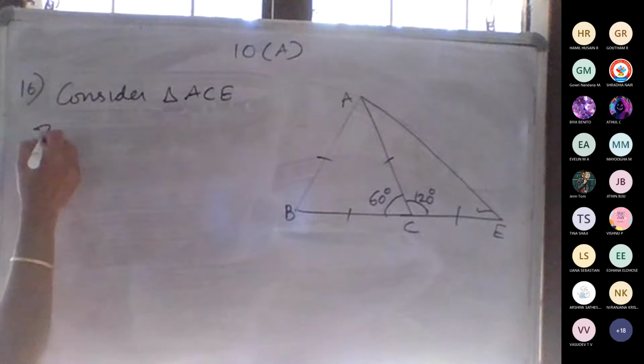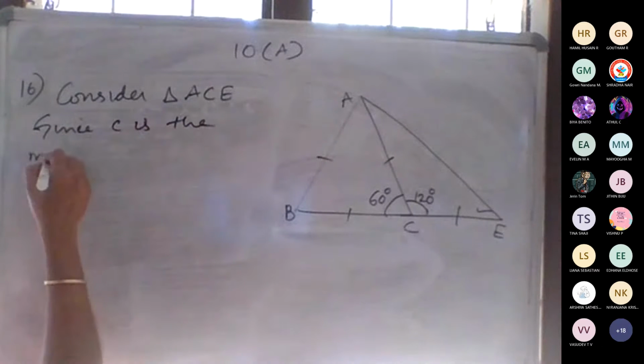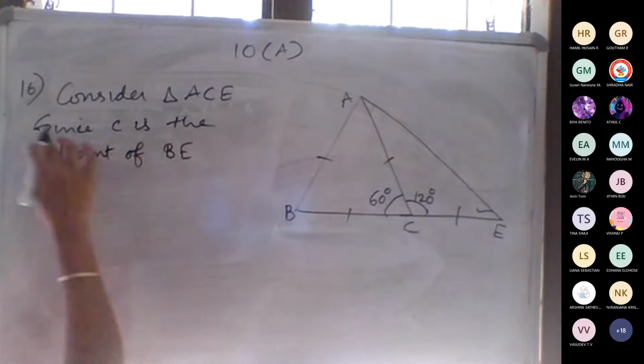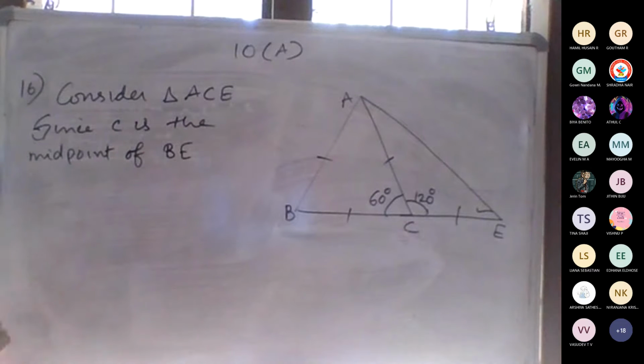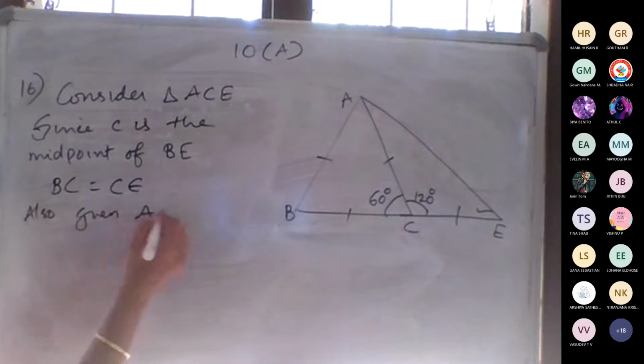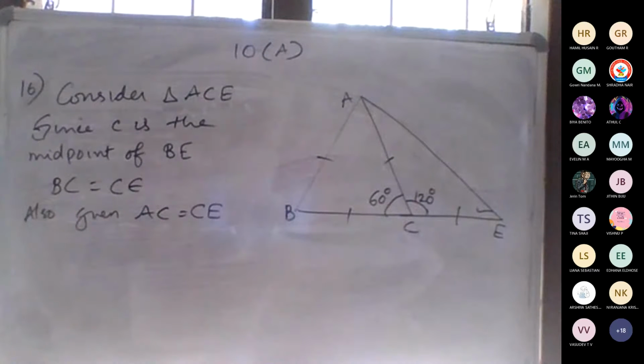Since C is the midpoint of BE, what we can write? BC is equal to CE. Also given AC is equal to CE.